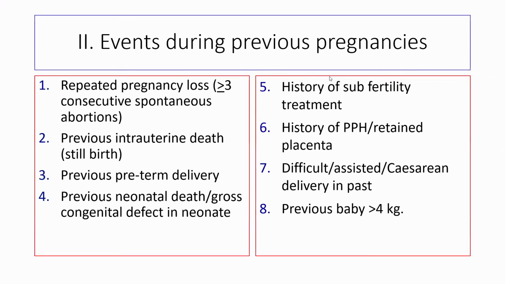Okay, similarly events during the previous pregnancies like repeated pregnancy loss, so consecutive 3 spontaneous abortions. But in some guidelines they have quoted more than 2 spontaneous abortions. Previous intrauterine fetal death or stillbirth, previous preterm delivery, or gross anomalous fetus in previous pregnancy, history of subfertility treatment, history of postpartum hemorrhage or retained placenta, difficult instrumental delivery or cesarean section, and macrosomic baby.